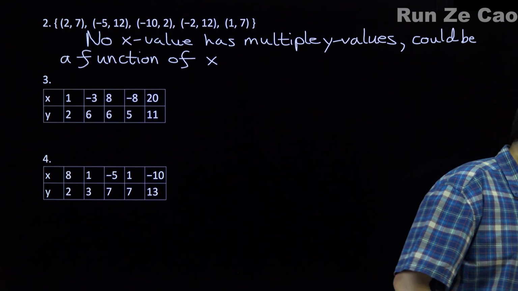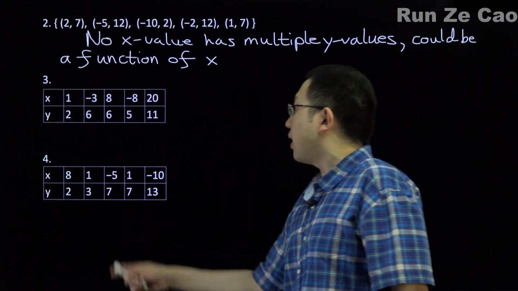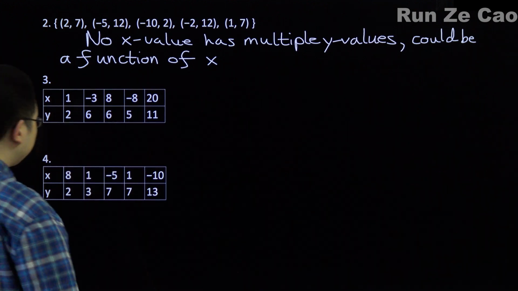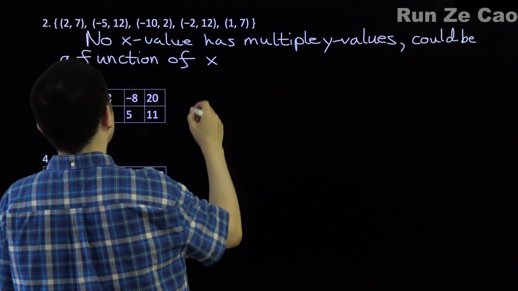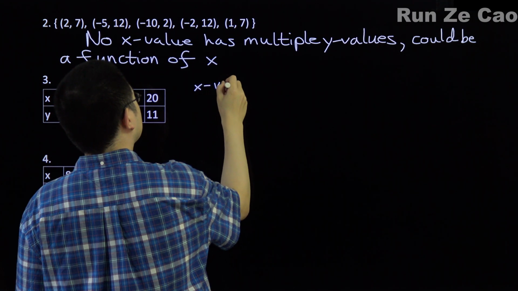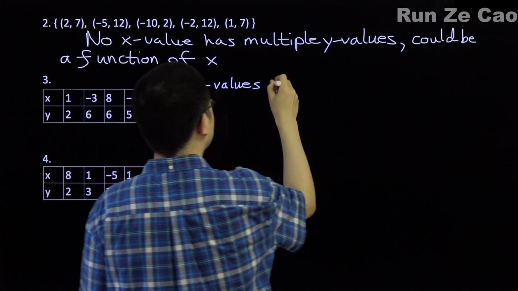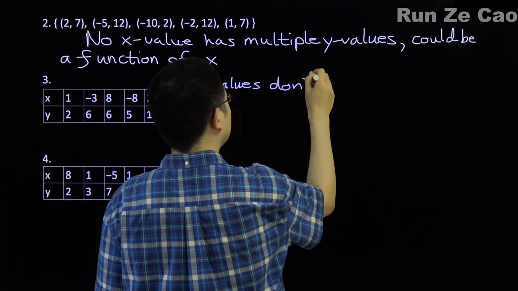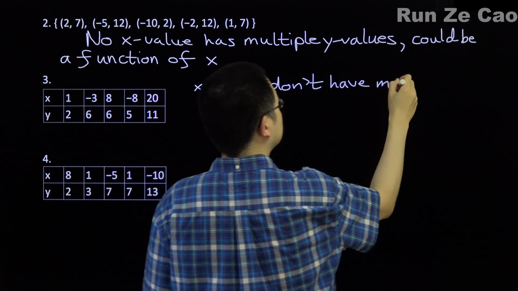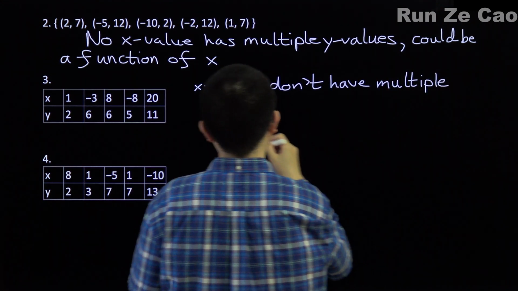Alright, here we have a bunch of different x values and some y values. Some of the y values are the same, but hey, all the x values are different. Therefore, x values don't have multiple y values.